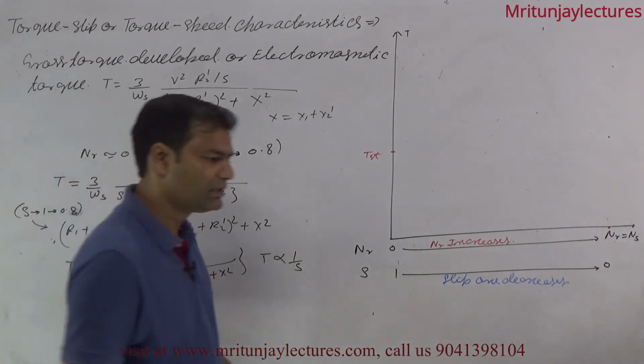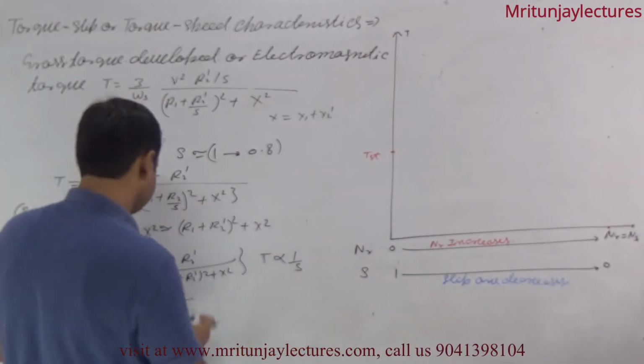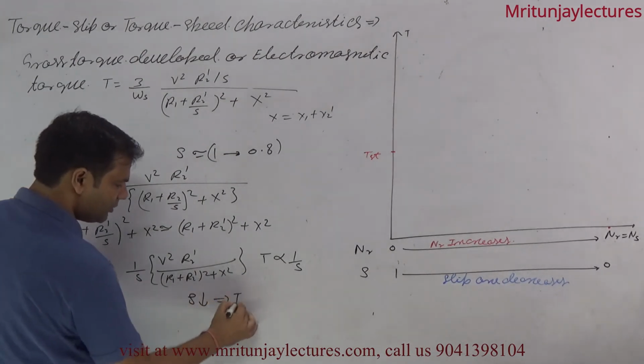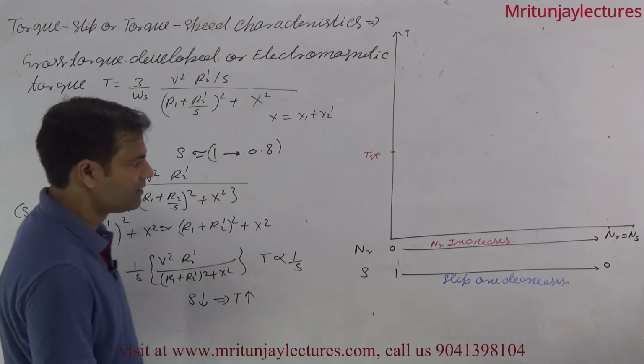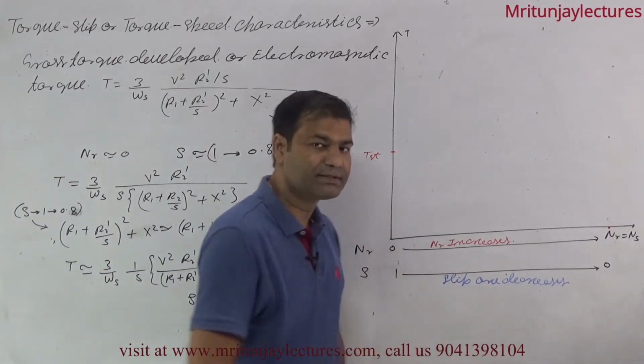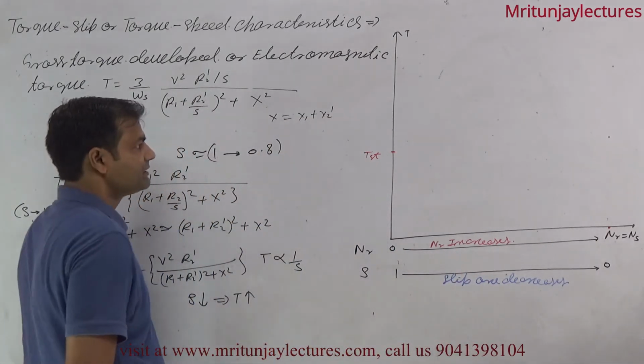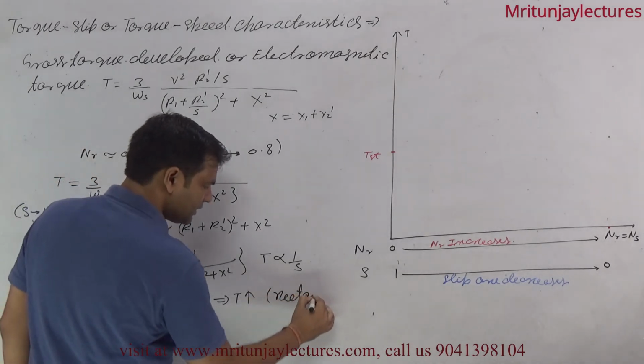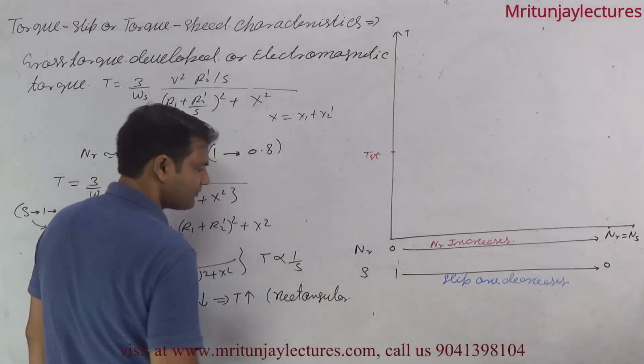If slip decreases, torque increases. Now slip decreases, torque increases. That is a rectangular hyperbola.